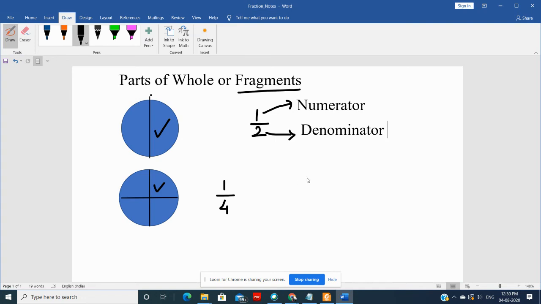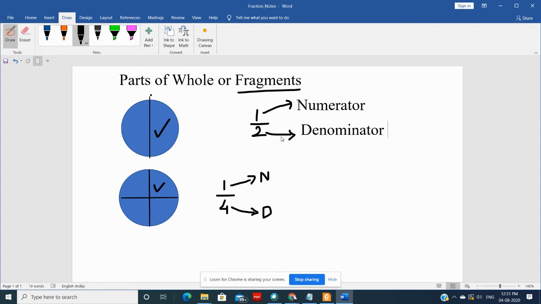Here also 1 is your numerator, I'm just writing n here, and 4 is your denominator, I'm just writing d here. It means that in fractions we write numbers like this.